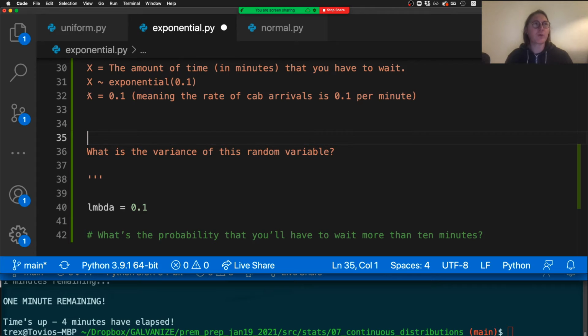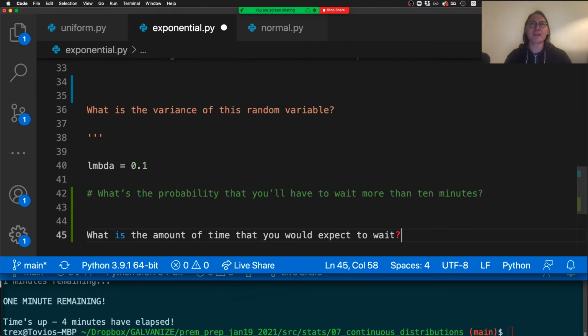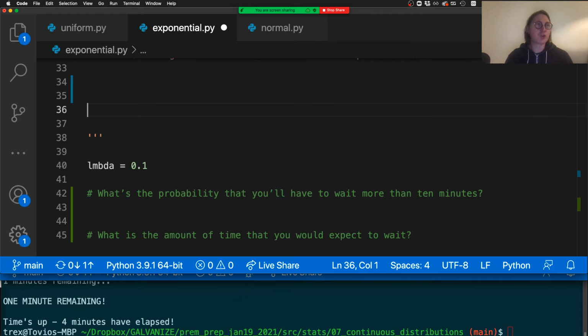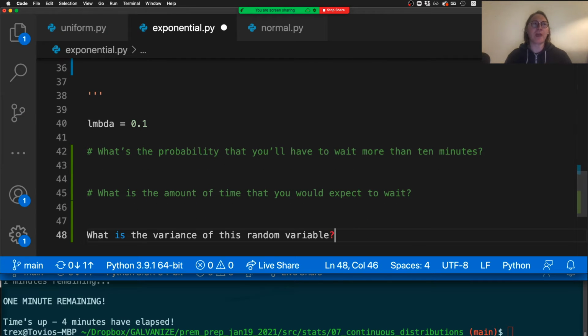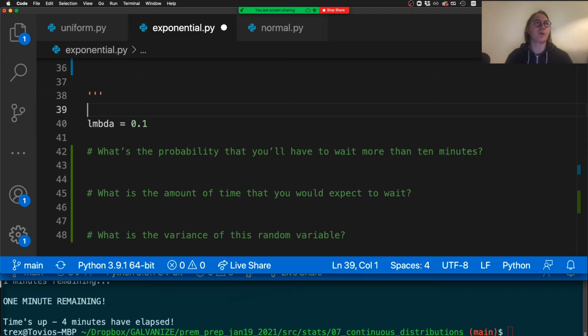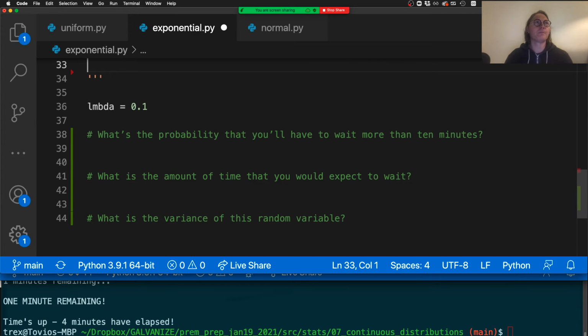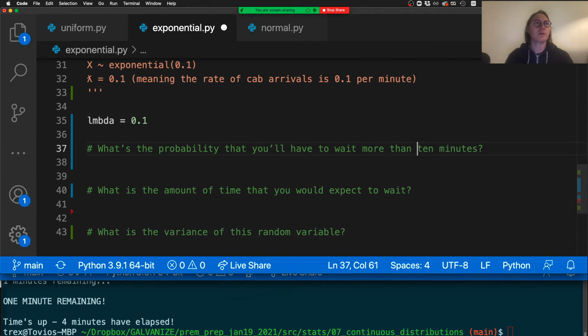Okay. Well, whenever we're asking a question less than or greater than, usually we're going to think about that in terms of a CDF, right? So let's answer that. It's going to be the exponential CDF, where we pass in lambda, right?